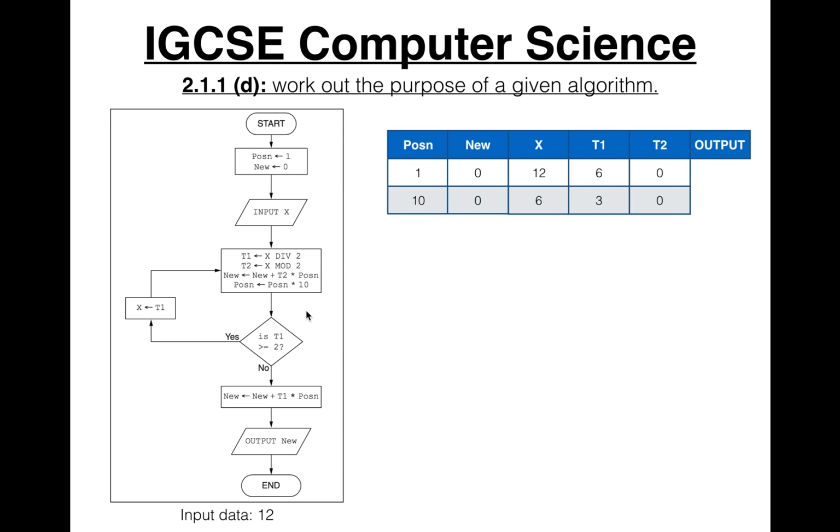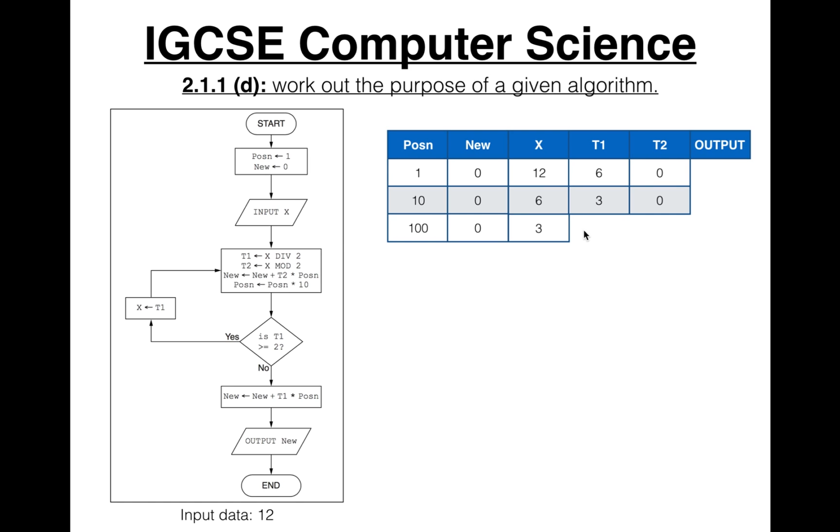New equals new plus t2 times position, so t2 times position makes 0, new is 0, so 0 plus 0 makes another 0. Position equals position times 10, so that makes 100. Is t1 higher than or equal to 2? Yes. X equals t1. t1 equals x div 2.